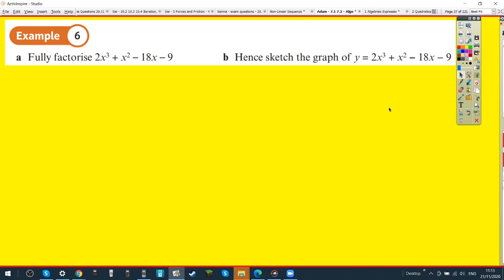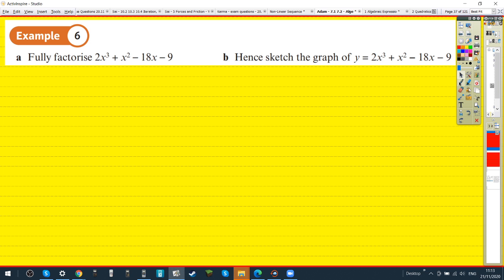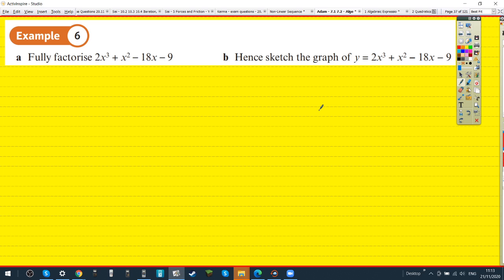For question A, would you just put that into calculator? Yep. Okay. So x1, would you put it in brackets?